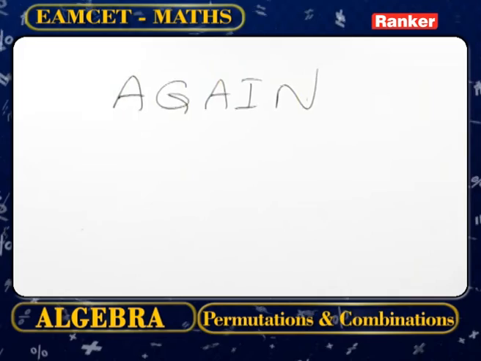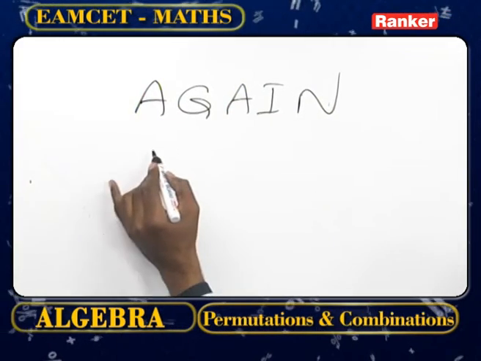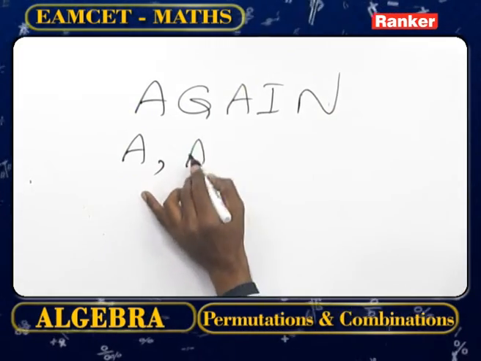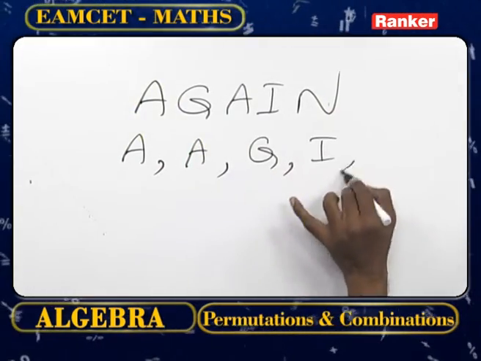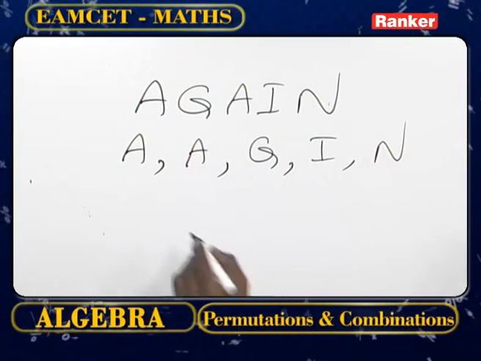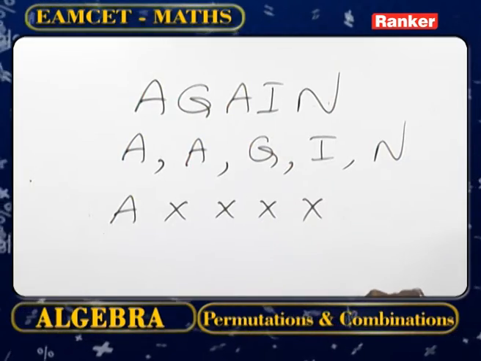Again, for this one, alphabetical arrangement will be A-A-G-I-N. Let us start with A now. 1, 2, 3, 4.